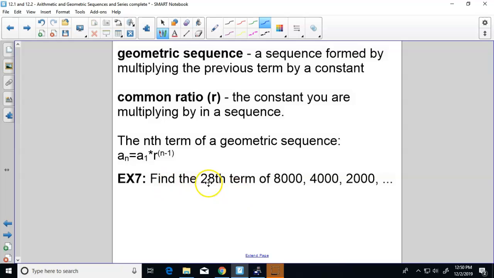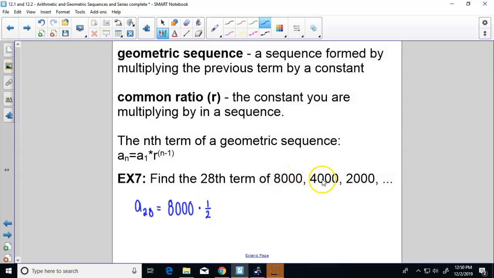So if we want to find the 28th term of 8,000, 4,000, 2,000, and so on, we would say a sub 28 equals the first term, 8,000, times R, in this case, 8,000, 4,000, 2,000. You're multiplying by 1/2.